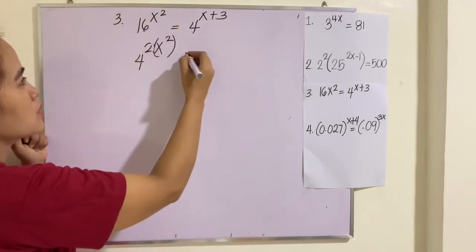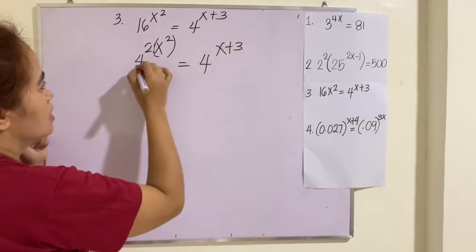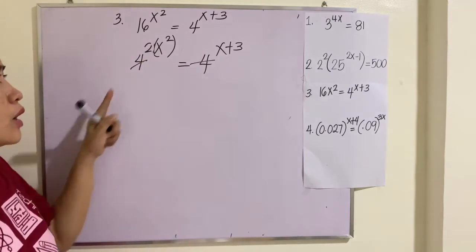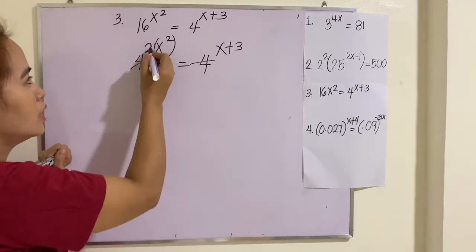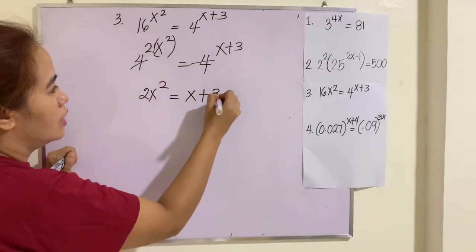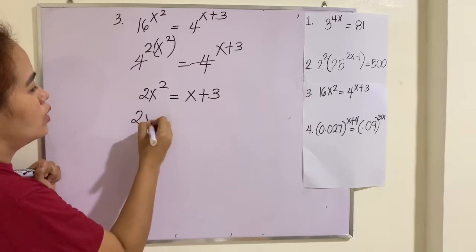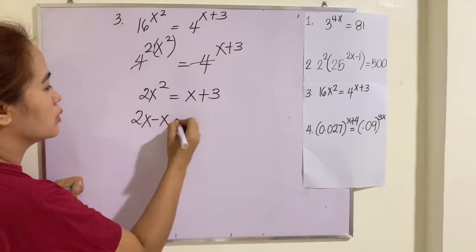Multiply it by x squared equals 4 raised to x plus 3. Same base. You create now the exponential equation. This is 2x squared equals x plus 3. This one is a quadratic equation. Therefore, we can solve it by factoring.